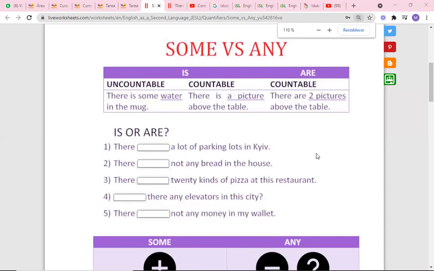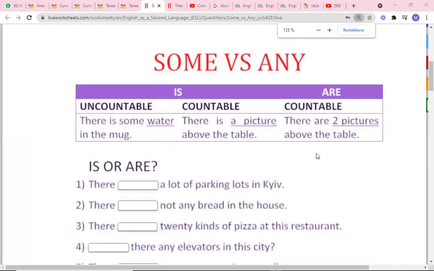We use some for uncountable nouns and also for countable nouns. For example, there is some water in the milk. Uncountable. There is a picture above the table. With are, countable: there are two pictures above the table.